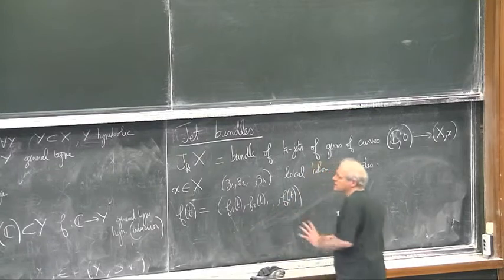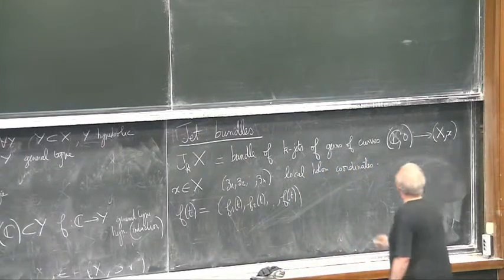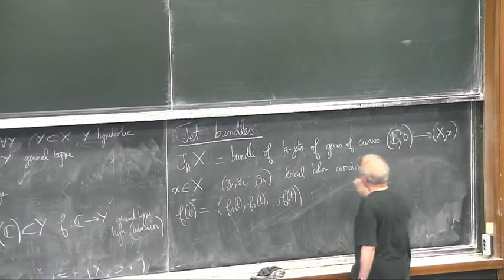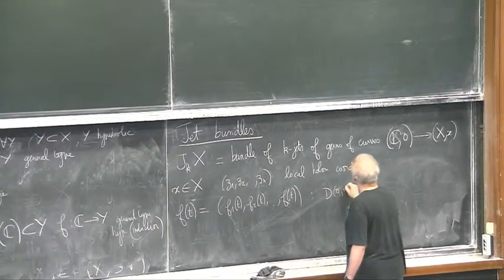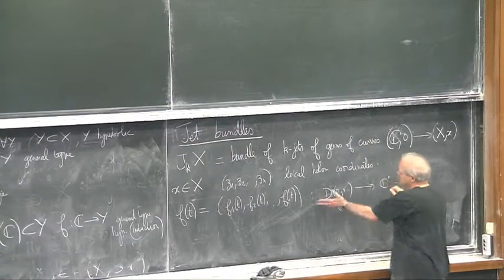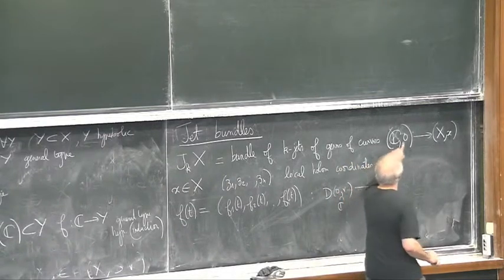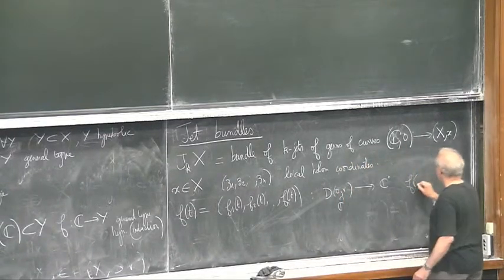So you just view this as a map into C^n, from a small disk in C into C^n locally. And of course, you can assume that f(0) is x.